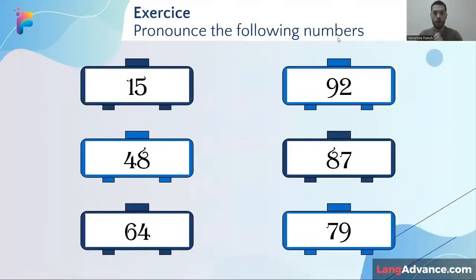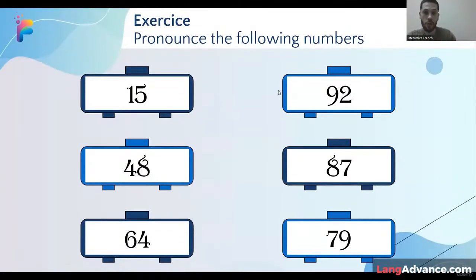Now try to pronounce the following numbers: 50, 92, 48, 87, 64, 79. Try to pronounce them in French oral, okay? So you think you can do it? You can pause the video and try to pronounce them yourselves. Go ahead.